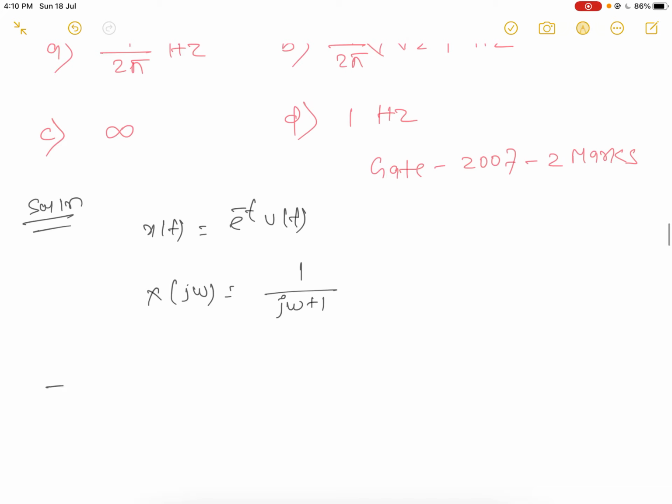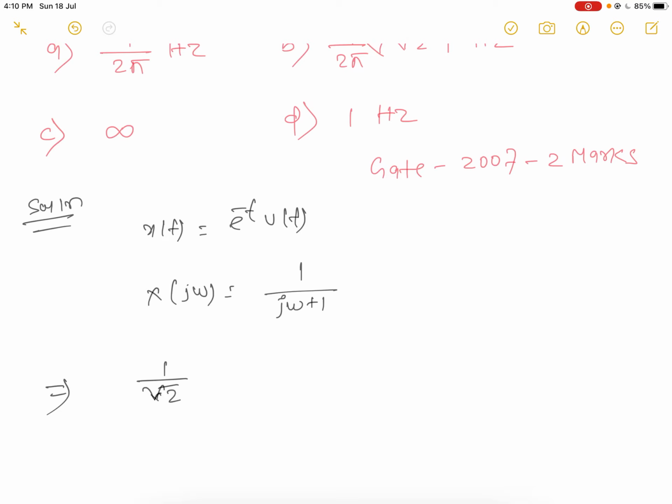When you are talking about 3 dB, 3 dB means 1 by root 2. We have to take 70.7% of the maximum value, the normalized maximum value.